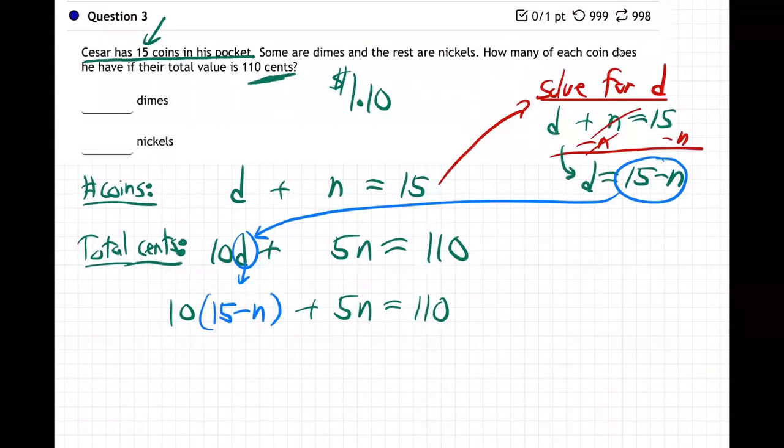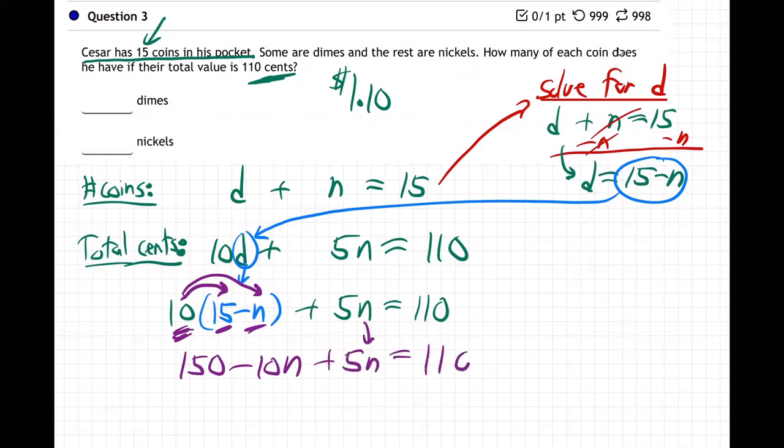Now we're going to distribute. Switch up the color here for clarity. So 10 times 15 is 150. 10 times N, minus 10N, plus 5N equals 110. Does that make sense? I just distributed there.